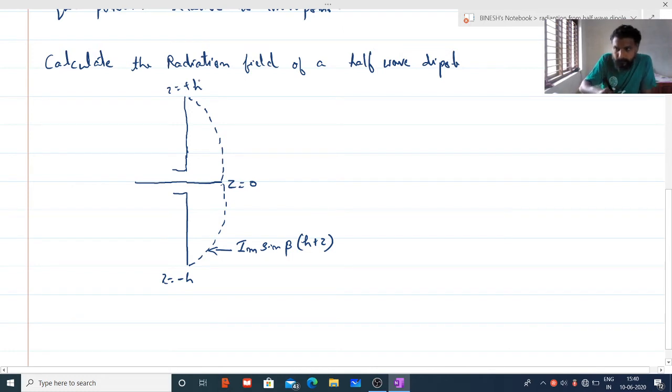This point will be Im sine beta into h minus z.